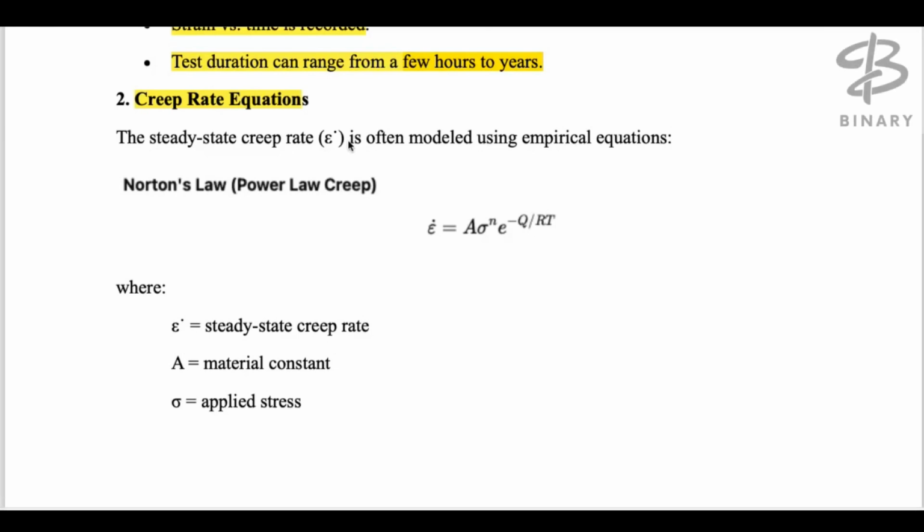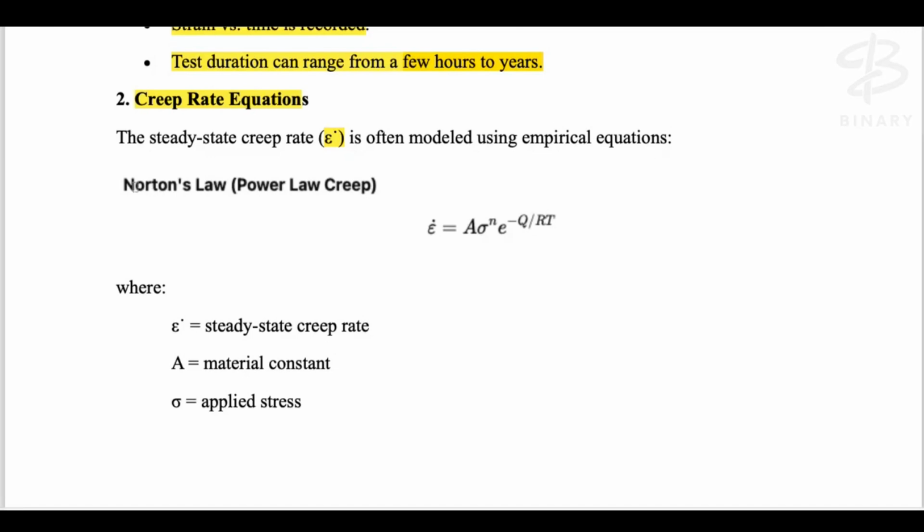So the steady state creep strain rate, this is epsilon dot, the strain rate basically, is often modeled using an empirical equation.